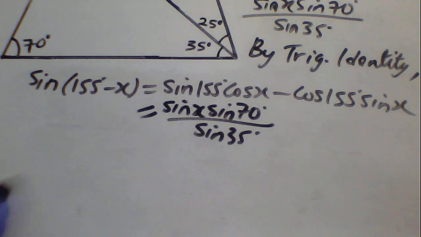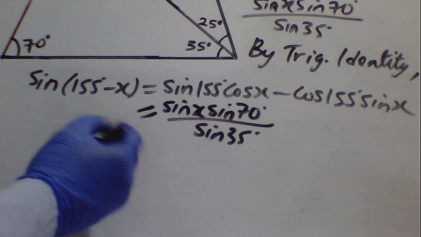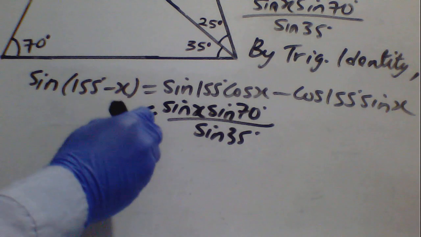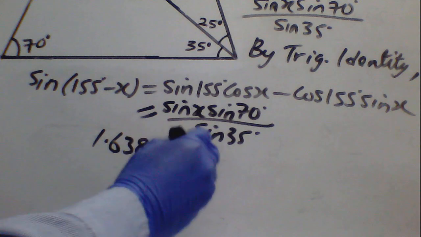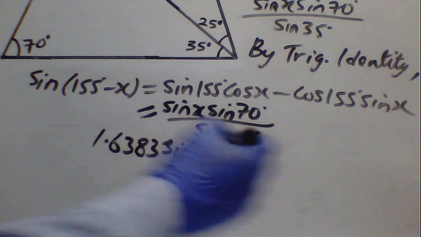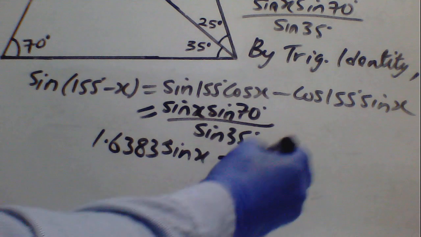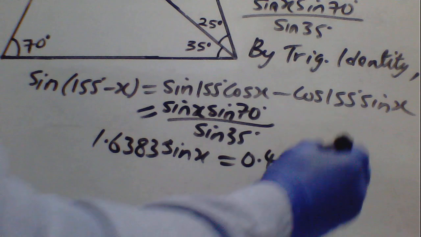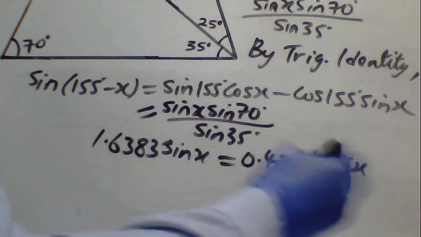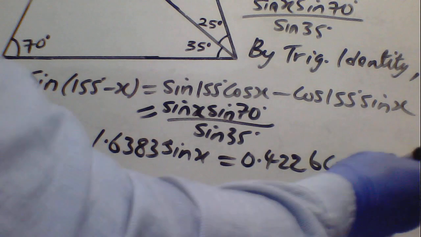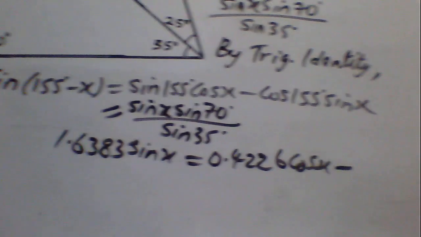So from here, sine 70 divided by sine 35, do it immediately. Sine 70 divided by sine 35, we have 1.6383 multiplying sine x, is equal to sine 155, which gives us 0.4226 cos x, minus what?